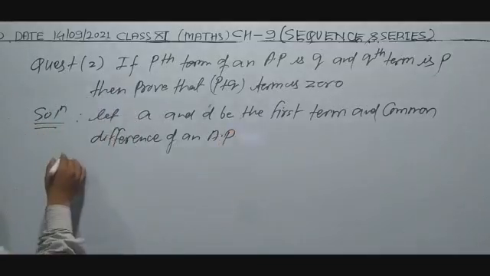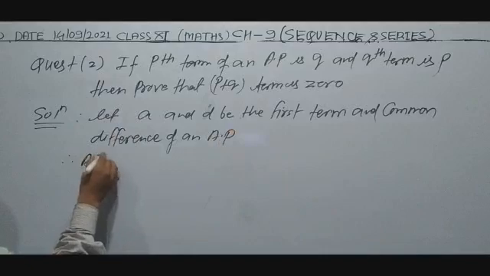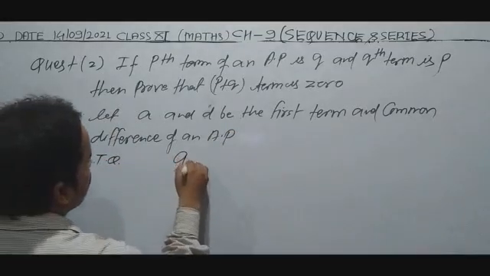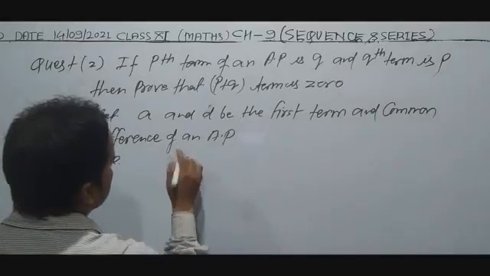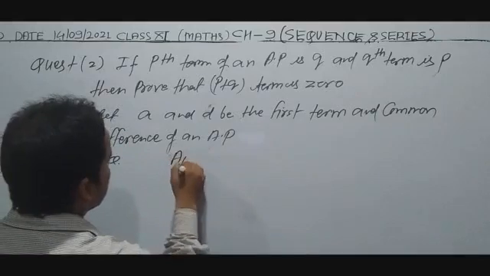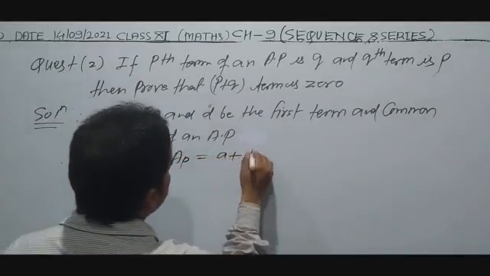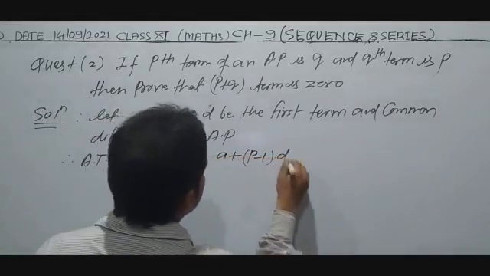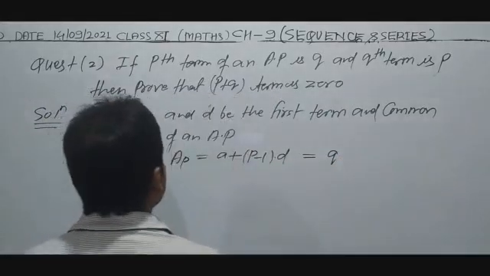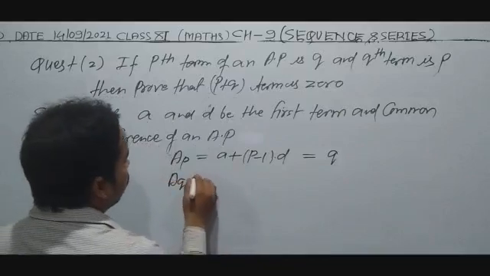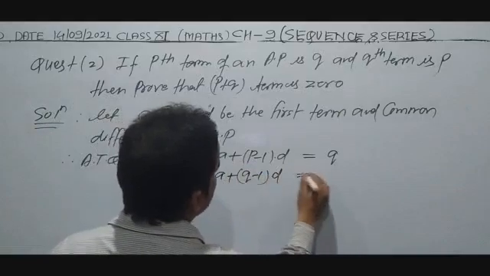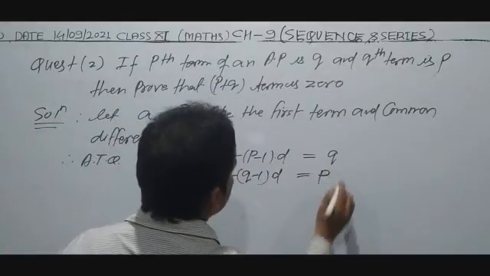Therefore, according to the question, AP is equal to A plus P minus 1 into D is equal to Q, and AQ is A plus Q minus 1 into D is equal to P.